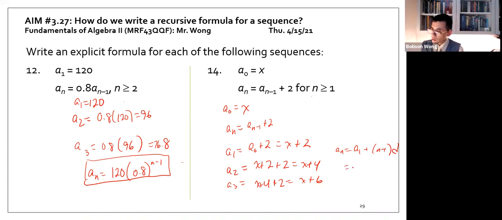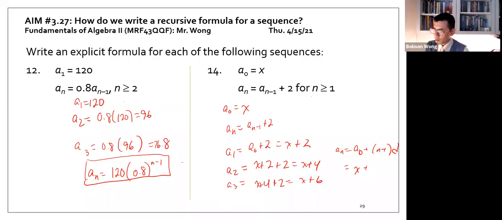So a sub 0 is x, and then we're multiplying by n minus 1 times the common difference.